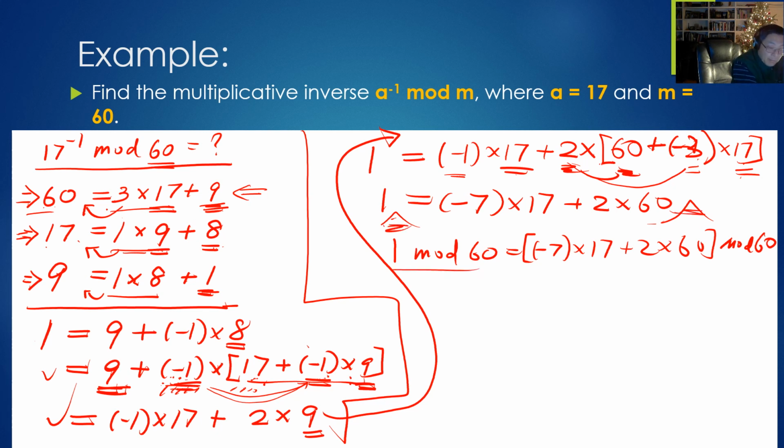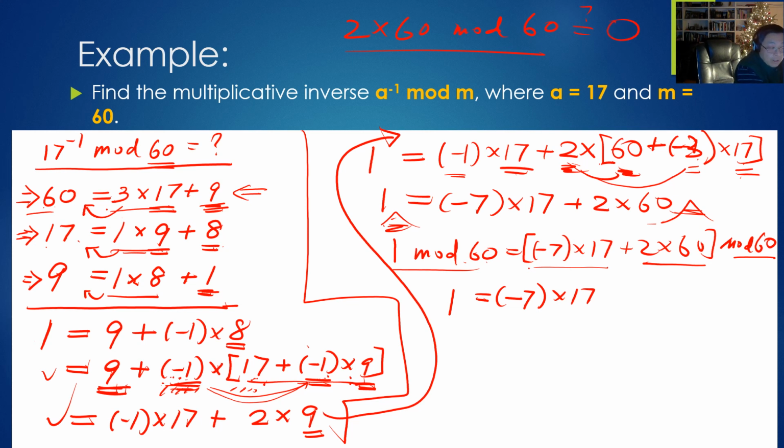I got this. So 1 mod 60, it's still 1, right? When I divide 1 by 60, the remainder is still 1. So it's still 1. Now let's take a look at this modular operation. And what's the mod operation of the second term? So 2 times 60 mod 60. What is this? It's 0, right?